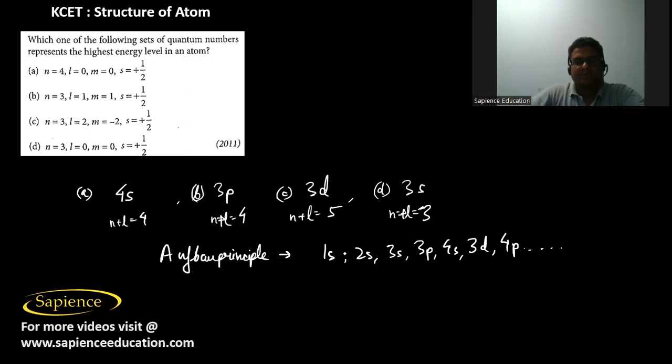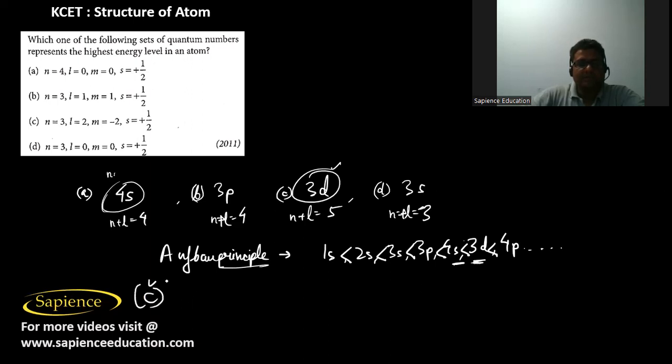So it is the increasing order of energy. So here 3d has more energy than 4s. Even if the principal quantum number is higher for 4s, the energy of 3d is higher than that of 4s according to the above principle, since n plus L is higher. So option C is the correct answer.